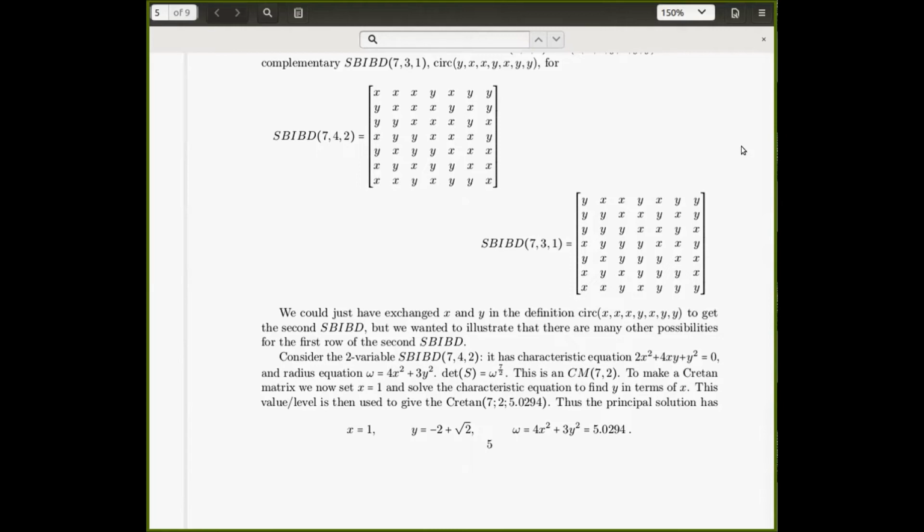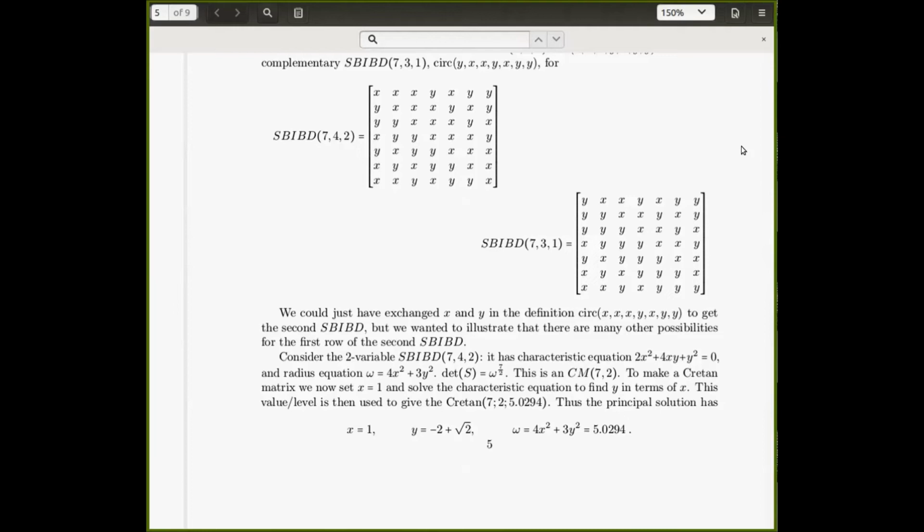So we've got 4x squared plus 3y squared for each one of those by itself. And for the other, across here, we've got this equation.